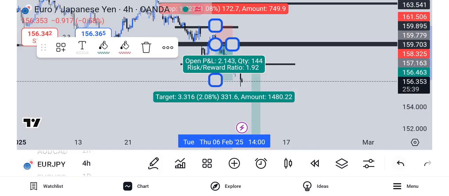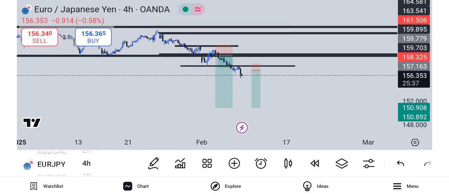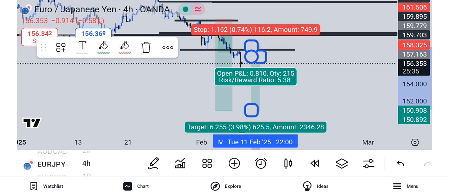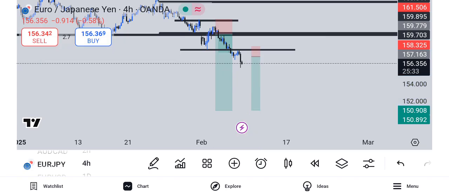And the other one, I'm targeting almost 1 to 5. And I'll be swinging this trade until I see a shift in structure. Then I'll back off. So that's just that. And I think that's just the trades I had running.